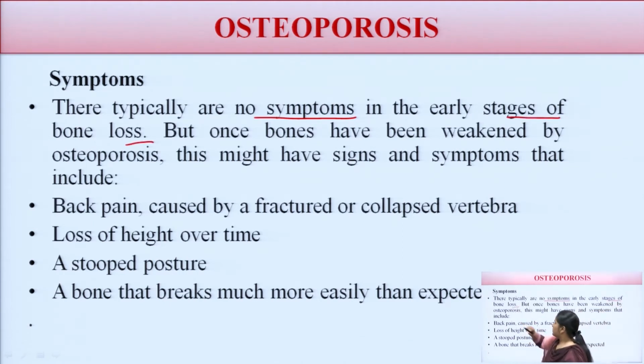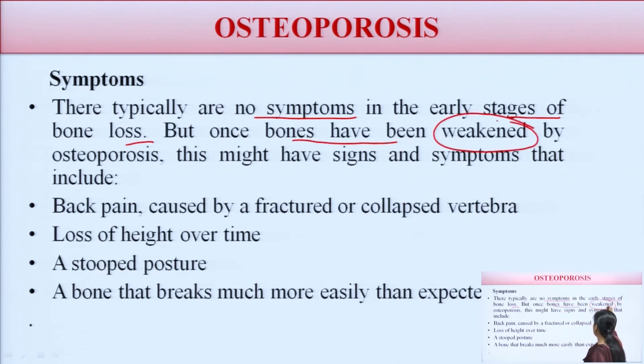In the early stage of bone loss there are no symptoms, but once the bones have become weakened, there may be signs and symptoms which include severe back pain caused by the fracture or collapse of the vertebrae.